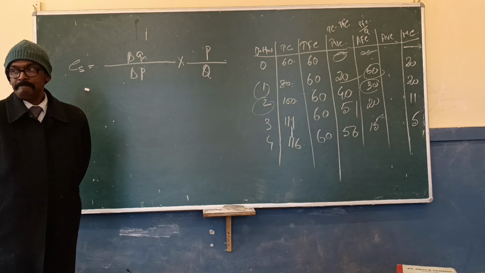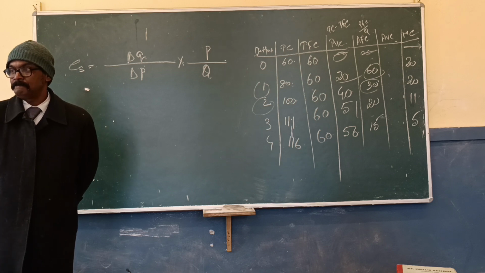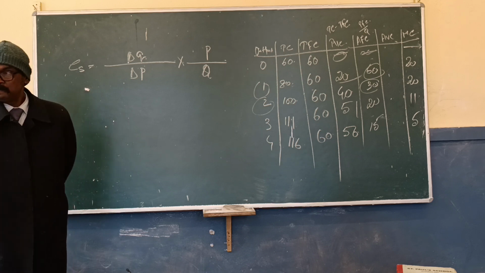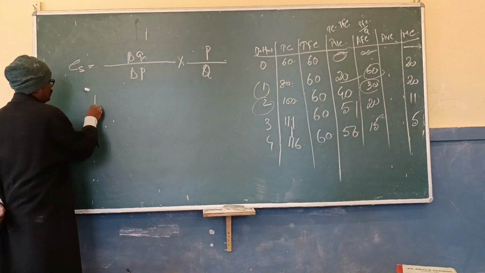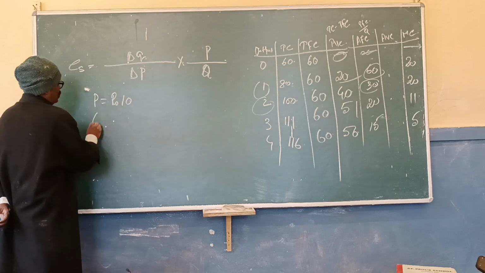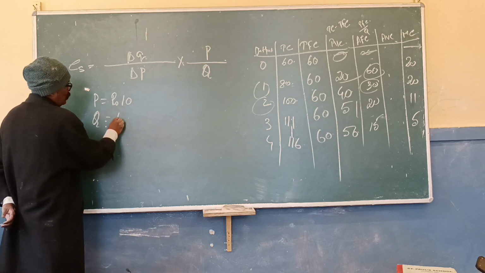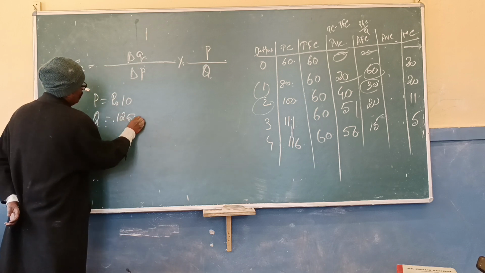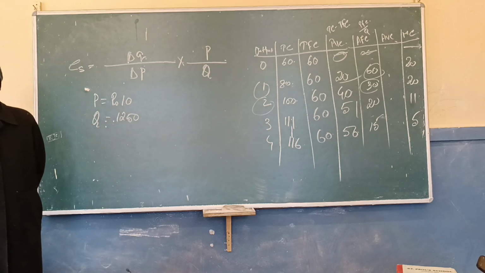The quantity supplied of a commodity at price 10 rupees is 1250 units. So P is equal to rupees 10, Q is equal to 1250. Is it okay?